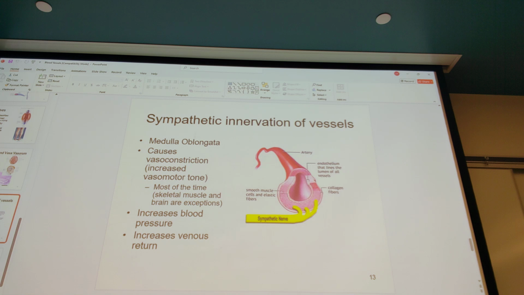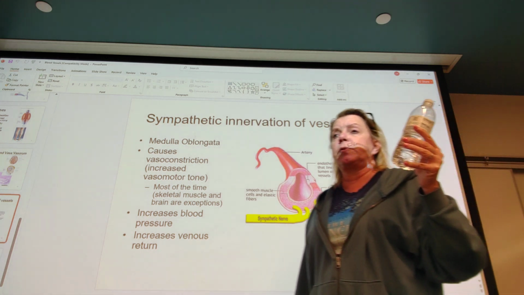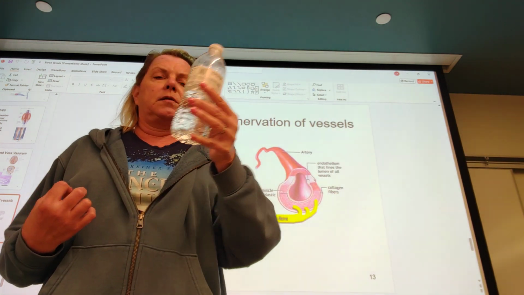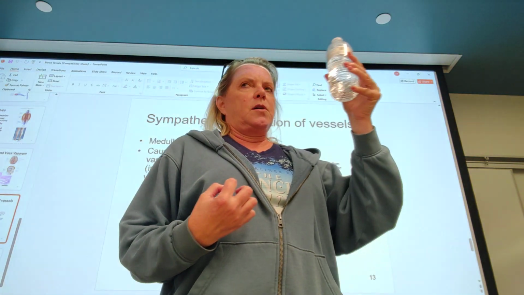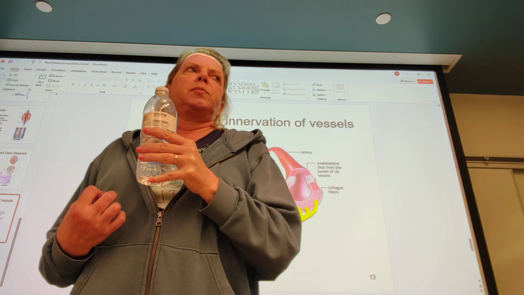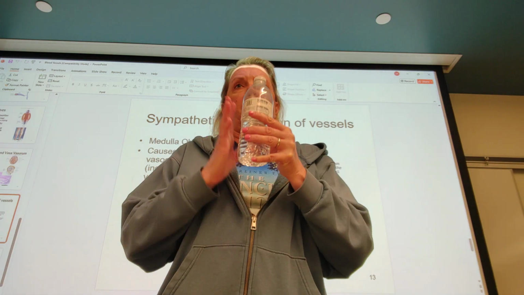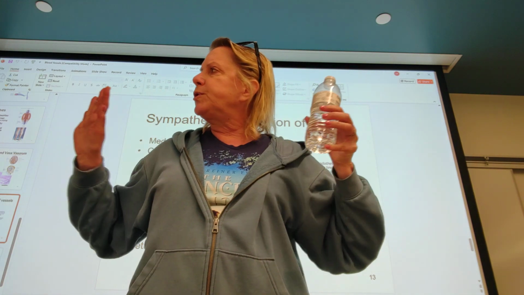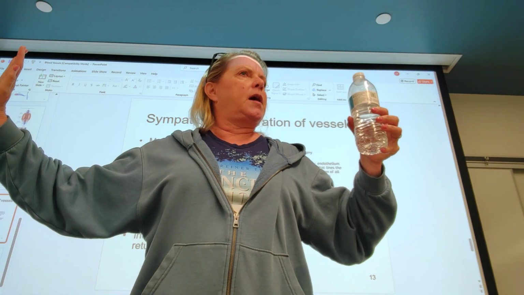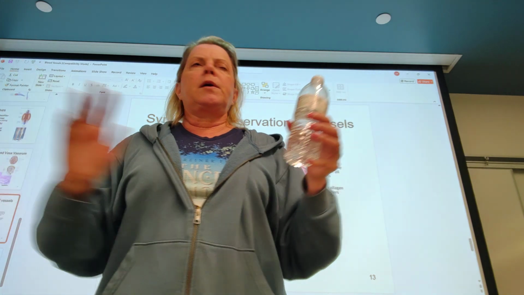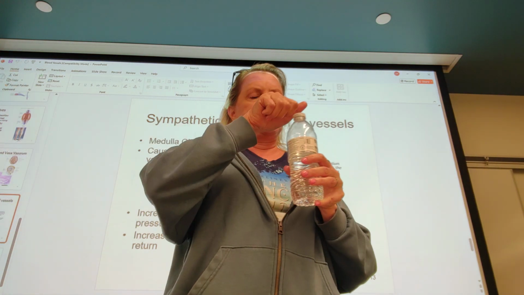Water moves for one of two reasons, and blood is mostly water. So think of blood plasma also moving. When we go to the doctor and they take your blood pressure, they are measuring the pressure of blood pushing out on the blood vessel. It is a push. We call that hydrostatic pressure.